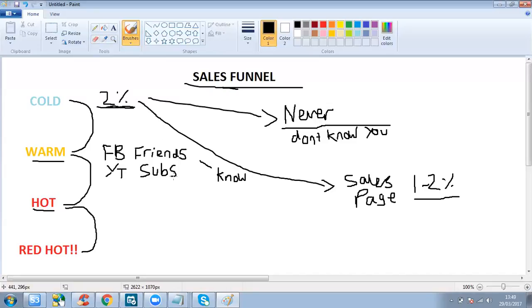They're not somebody who's going to rush out and buy your product yet, because you've not built that like and trust well enough yet to have them as a hot prospect. So anyone who knows you, but is not really close, with no like and trust, is going to be in your warm prospects. So Facebook friends, YouTube subs, maybe LinkedIn followers, Instagram followers.